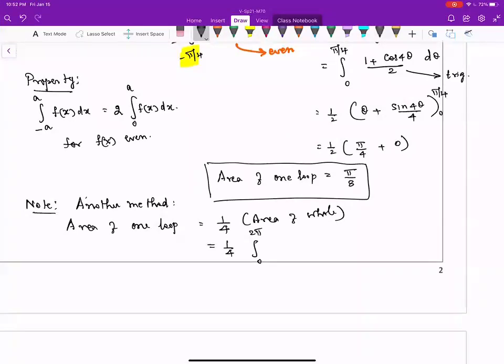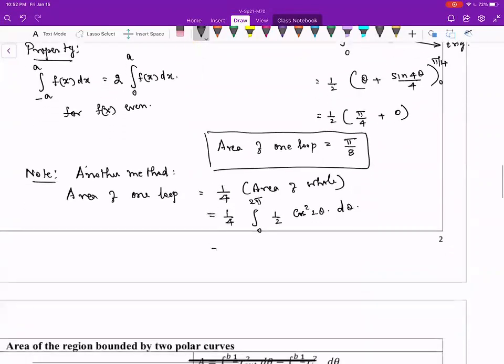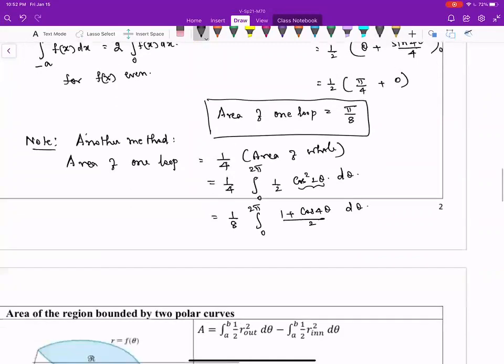What is the equation of the graph? r equal to cosine 2 theta. Half of r square d theta. So that will be 1 over 8 integral 0 to 2 pi. Cosine square 2 theta is 1 plus cosine of 4 theta over 2 d theta.